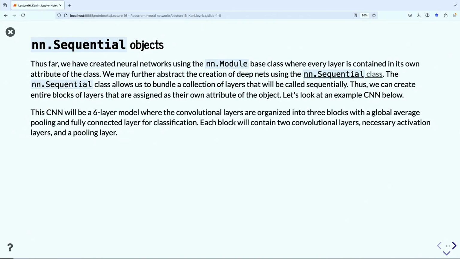But we can abstract this creation a bit more using the nn.Sequential class. The nn.Sequential class just allows us to bundle collections of layers together that will be called sequentially.